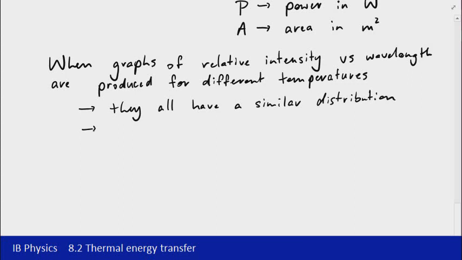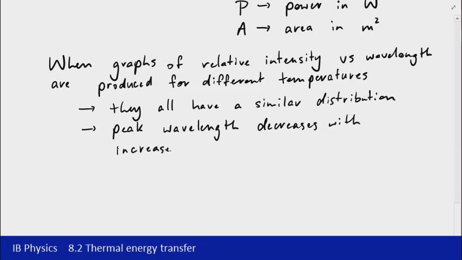One of those is that the peak wavelength decreases with increasing temperature. So as the temperature of the black body increases, the peak wavelength, or the wavelength with the maximum intensity, decreases.